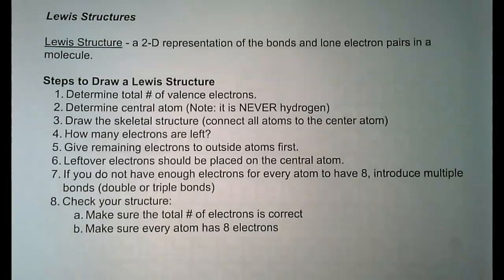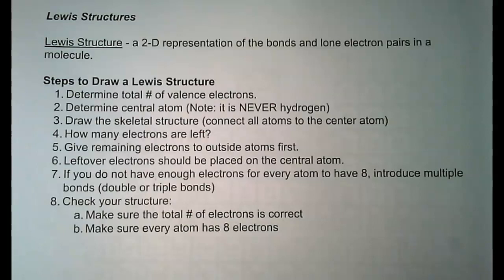Third, we draw something called the skeletal structure, meaning that we connect all of the atoms together. Fourth, we determine how many electrons are used in our skeletal structure, and then how many electrons we have left to place in our molecule. Next, we give remaining electrons to the outside atoms first.